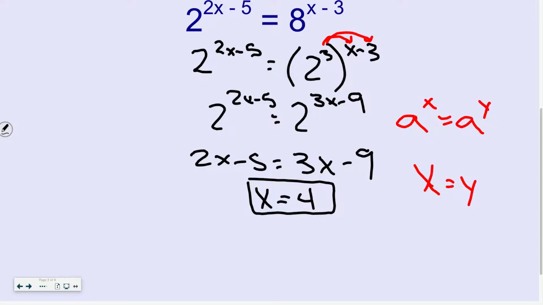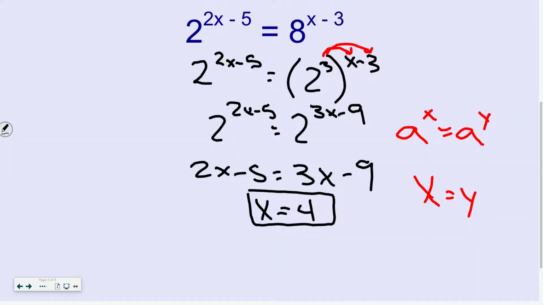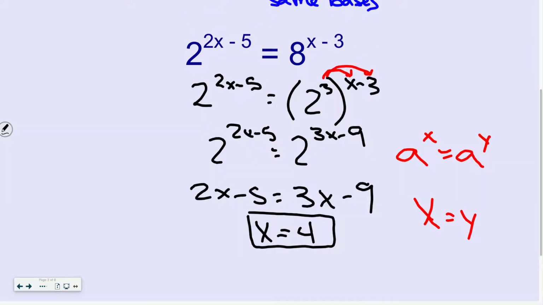Now, if you ever want to check your answer to see if it is correct, the one thing I will caution you is make sure that you take your answer, x equals 4, and plug it back into the original problem. Don't plug it into the one that you changed bases to, because if you miswrite that, if you change the wrong base or you make it not actually the same equation, then you will have solved a different equation and it'll still work.